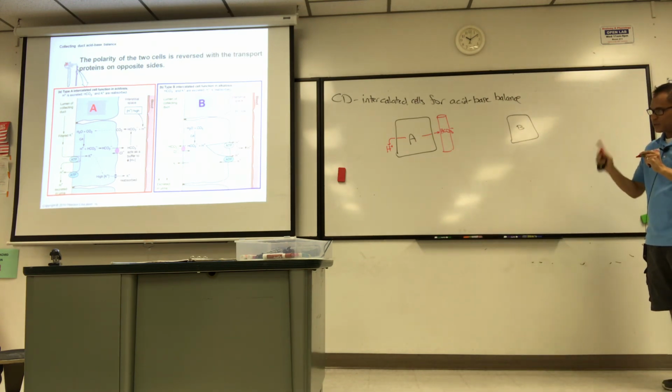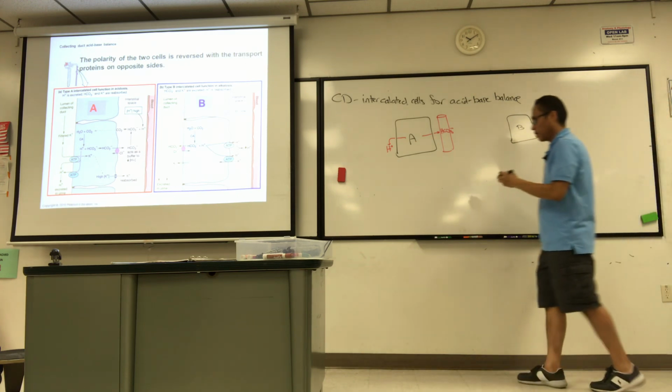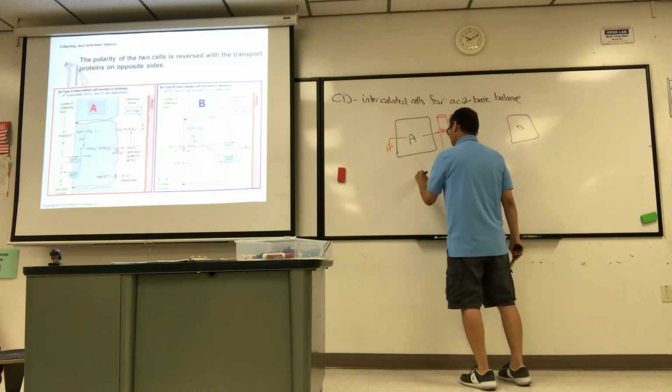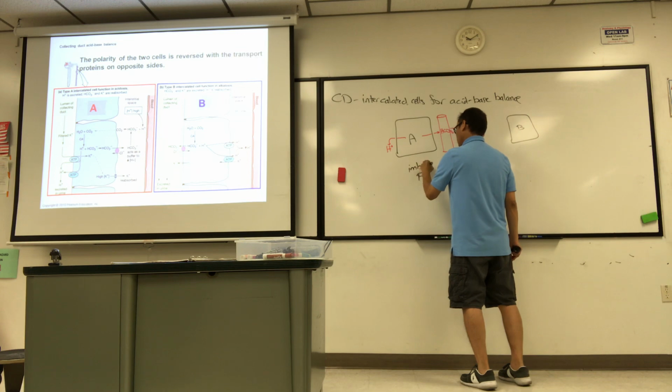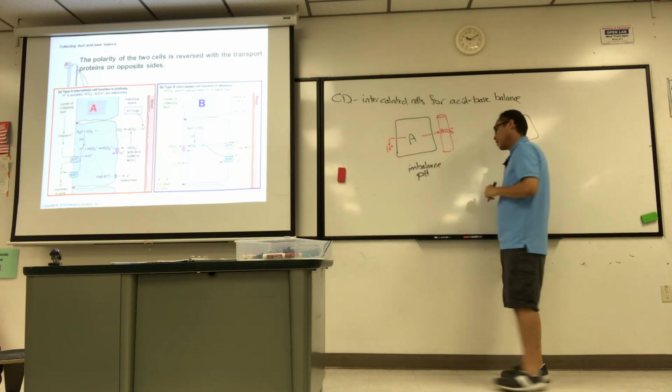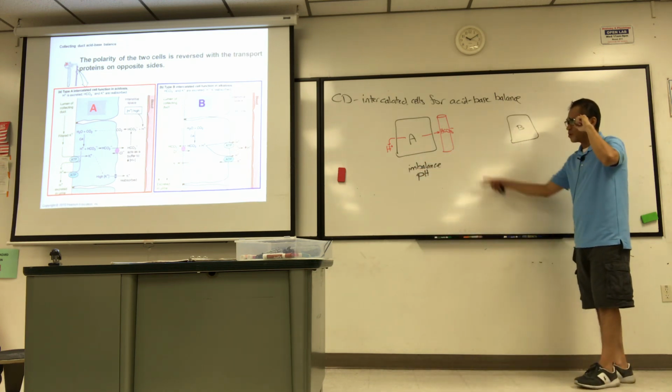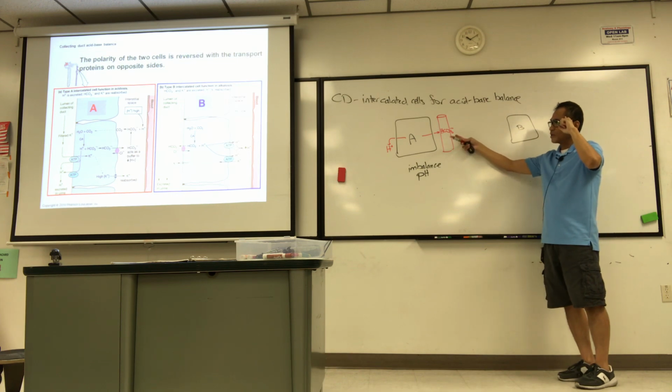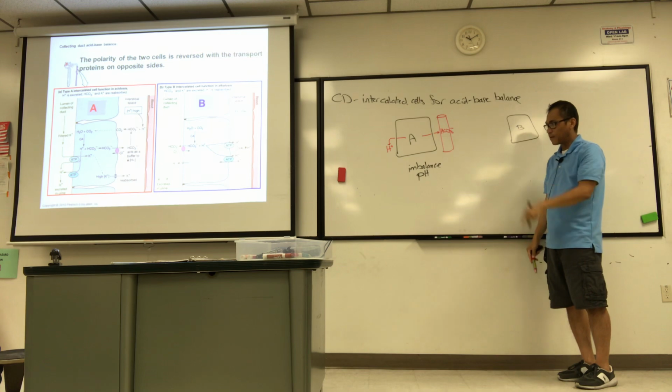Okay, so cell A, when do you want to use those? What must be the imbalance of the pH that you're trying to correct or compensate for? Now you have to think. Let's see. This would raise pH. So this must correct if the imbalance is acidosis.